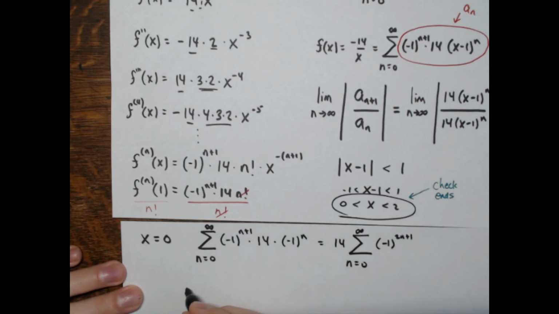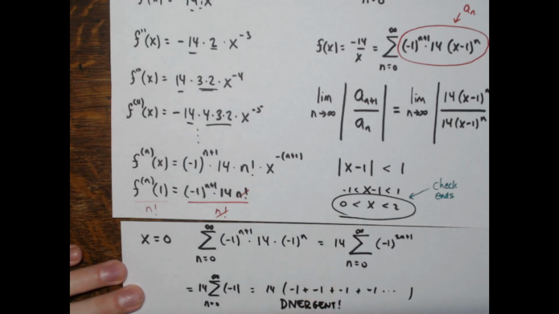That's always going to be -1, right? That's -1 to an odd, right? That's always -1. So this is 14 times the sum of just -1. So this is like having 14 times, -1 plus -1 plus -1 plus -1 forever, right? Definitely divergent. All right, so 0 is not included.